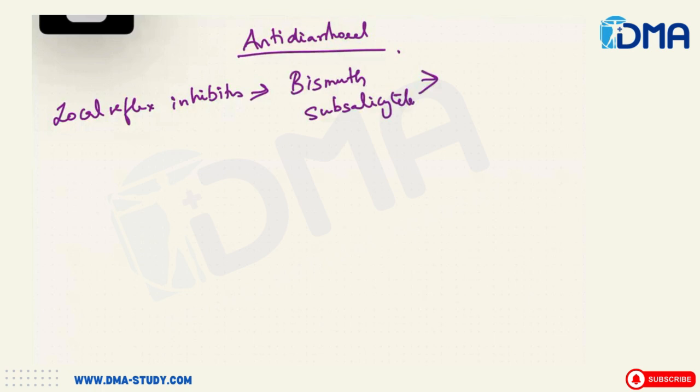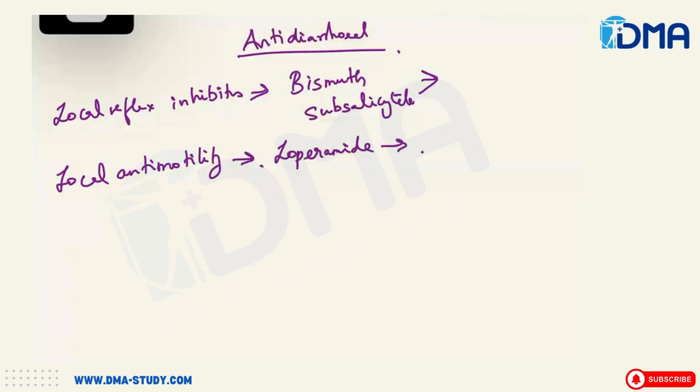Whereas local anti-motility drug, the example is loperamide. This loperamide inhibits the intestinal muscle activity and it slows the peristalsis.